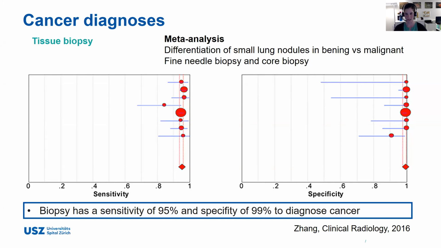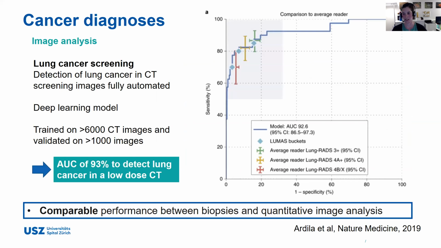And there was a nice study in Nature Medicine published 2 years ago, which looked at lung cancer screening and the detection of lung cancer in screening CTs, so in low-dose CTs. Deep learning was used in this publication. A deep learning model was trained on over 6,000 CT images, and it was validated in an independent cohort of about 1,000 images.